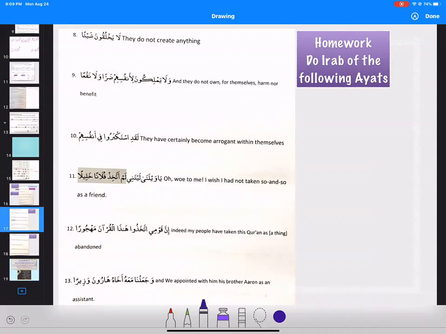So when you write, you don't write fi'al amr, you say fi'al talab. But the pattern is the same as fi'l amr, everything is the same. Just the title, out of respect, because we cannot command or forbid Allah subhanahu wa ta'ala. So that's why we just call it fi'lu talab. Otherwise, everything is the same.